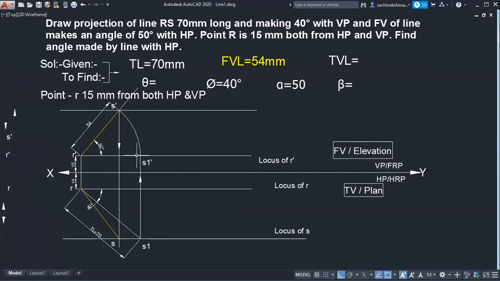So what is your top view length? Can you measure top view length? 60 mm. Any other answer? 60. So I will check. Is it 60 or what? So this to this. Sir, 59 mm. So accurate answer is 58 also, sir. 57.